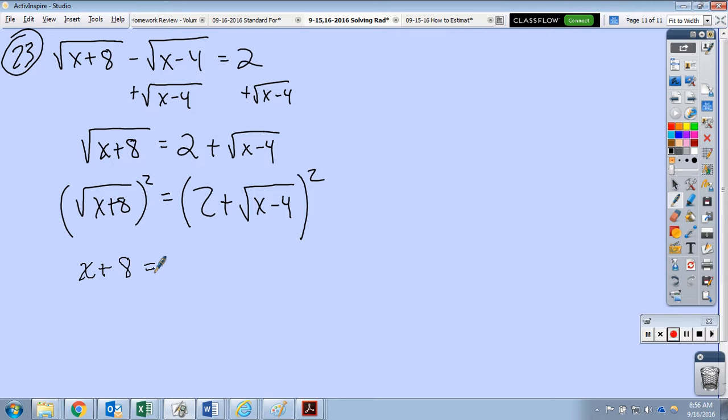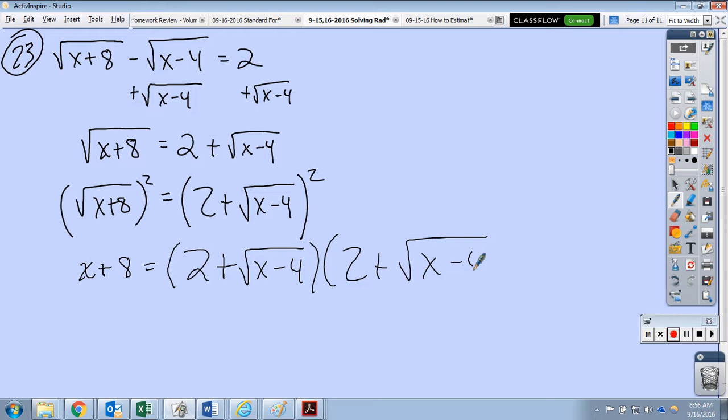And now if I square this, this is where I see some mistakes. So let's do this the long way. Let's actually write it all out as it reads. It's saying let's square this whole value here. It looks like a beast, but this is what it is. I don't want you guys to make a mistake. Some students are doing 4 plus x minus 4, and that's not correct.